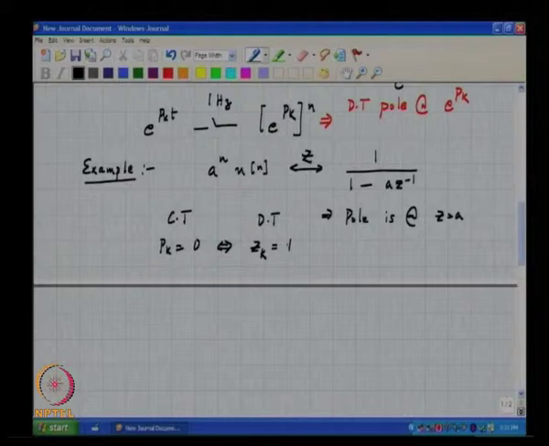It is 1, and vice versa, right. So if you want to emulate a discrete time system whose impulse response has components which correspond to zk to the power n, all right, all that you need to do is to find pk using the relation e to the pk is equal to zk. Does it make sense?